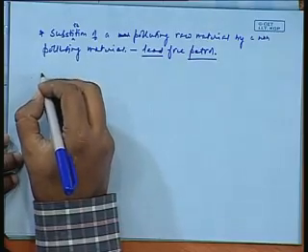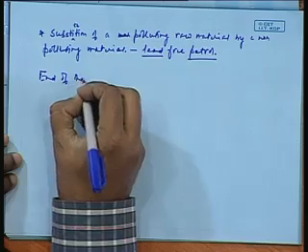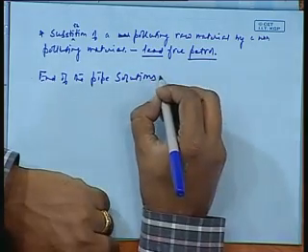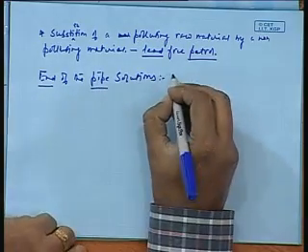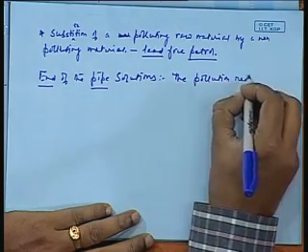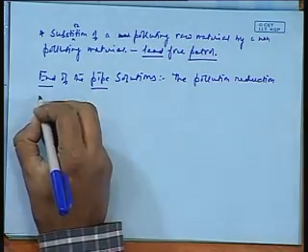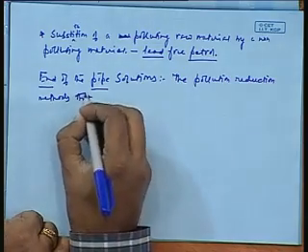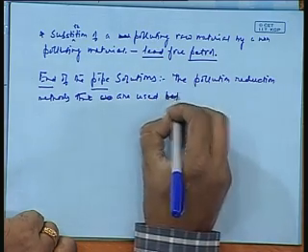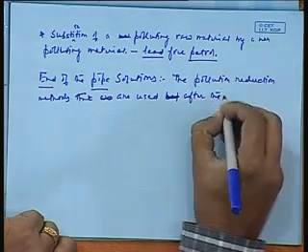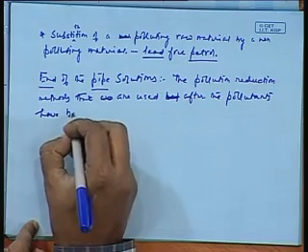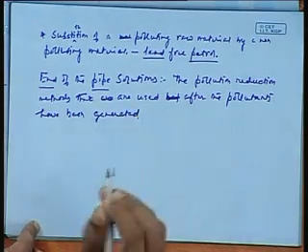End of the pipe solutions are the pollution reduction methods that are used after the pollutants have been generated.